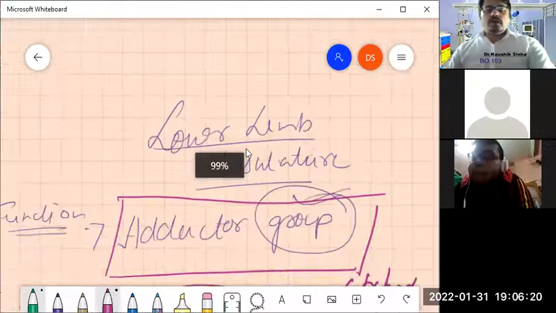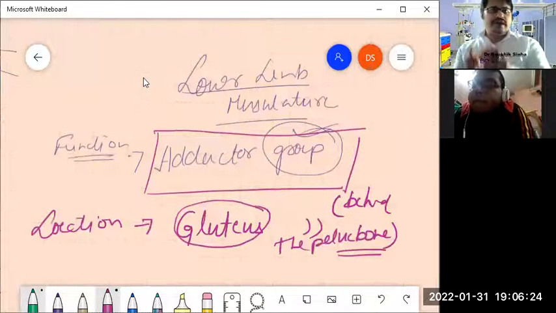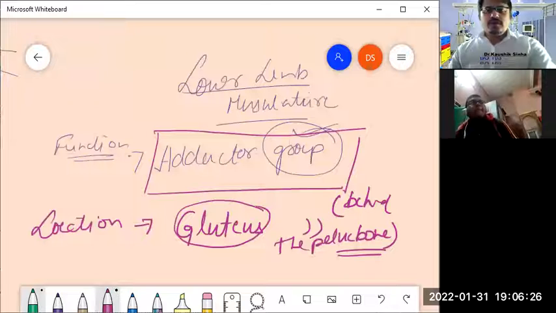Now, in order to study the lower limb, we would divide this entire area into a few parts. So what are those parts? Let us have a look at the different parts in which the muscles of the lower limb can be studied.